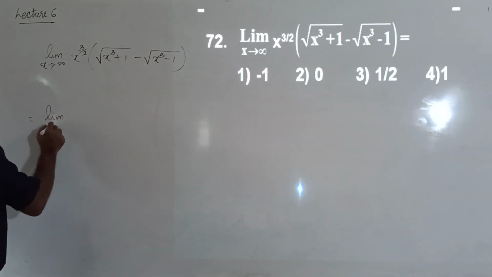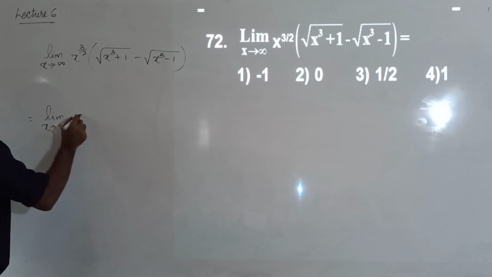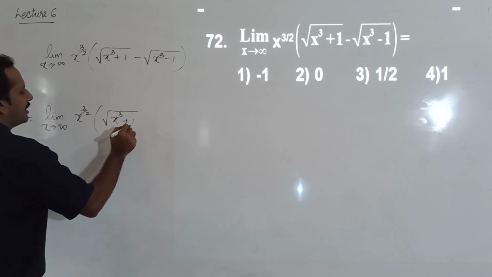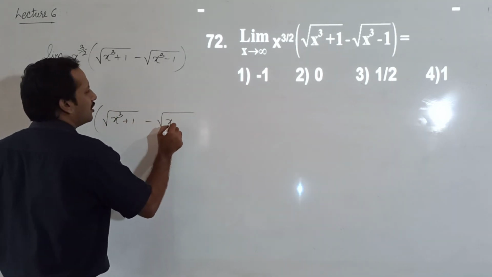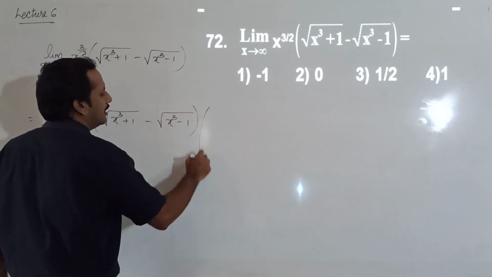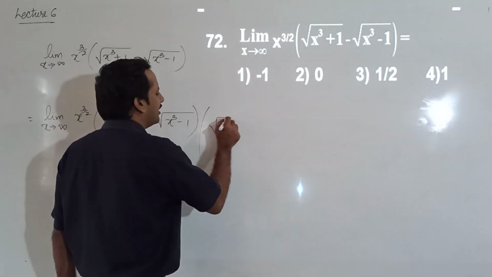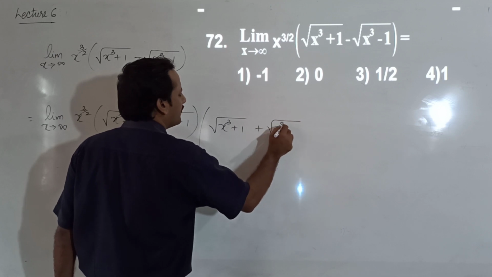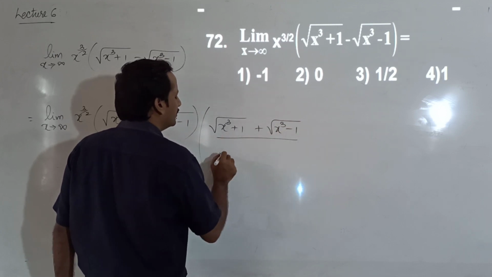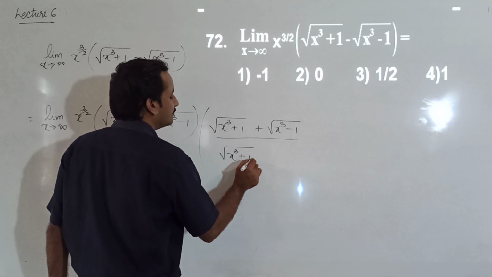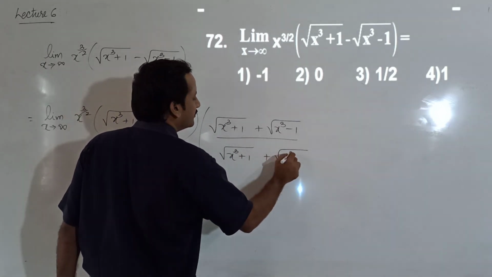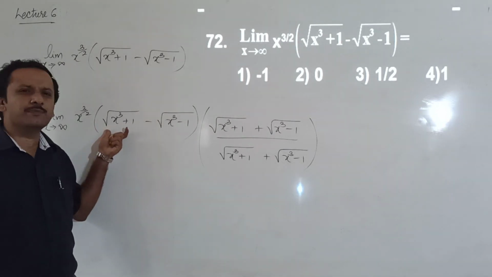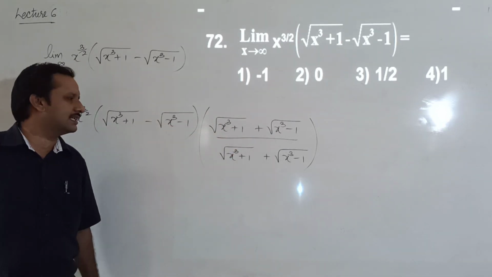So, limit x tends to infinity x to the power 3 by 2 into root of x cube plus 1 minus root of x cube minus 2, into, we will multiply and divide by this, root of x cube plus 1 plus root of x cube minus 2.